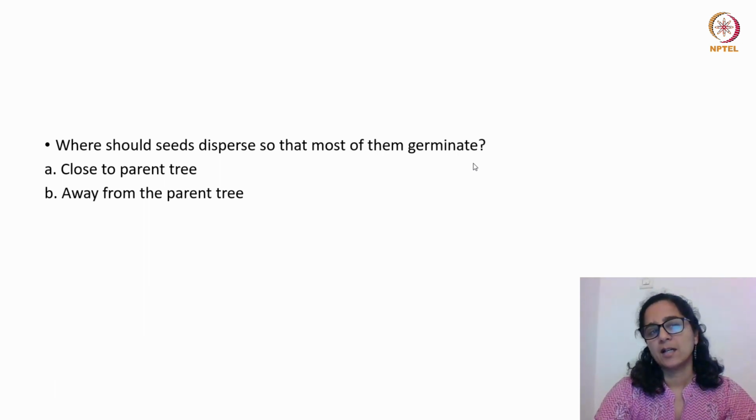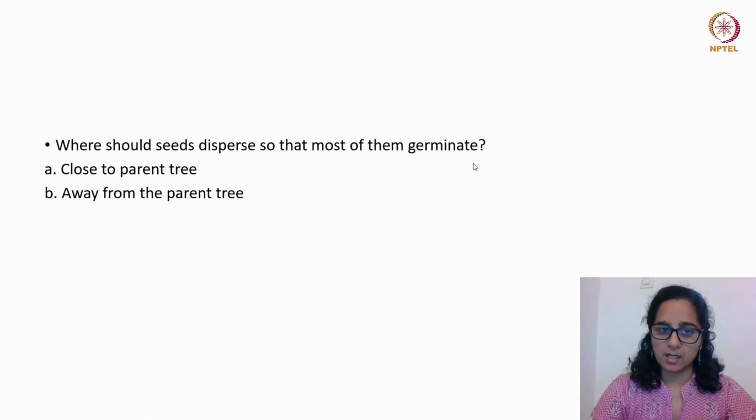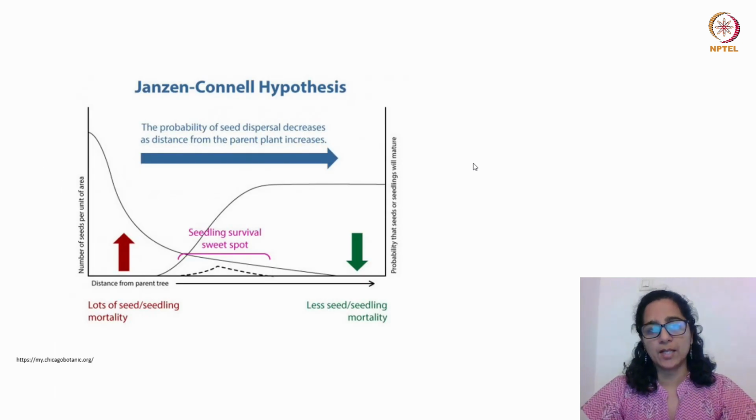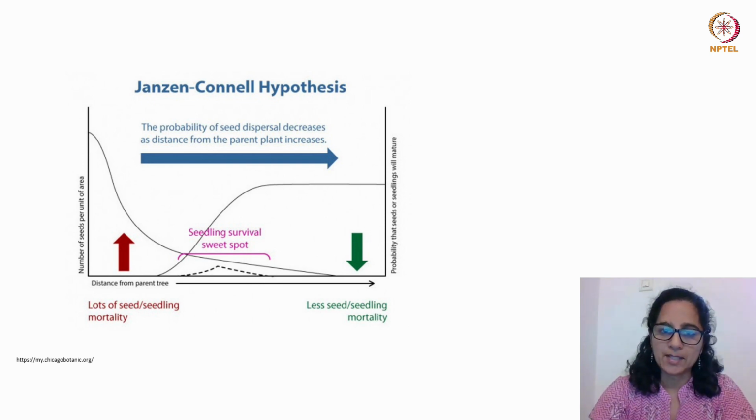In fact, if the seed falls slightly away from the parent tree, its chances of germination are a lot higher. These two scientists, Janzen and Connell, proposed this hypothesis about seed dispersal. This is a busy graph.